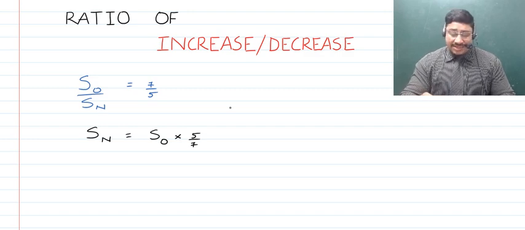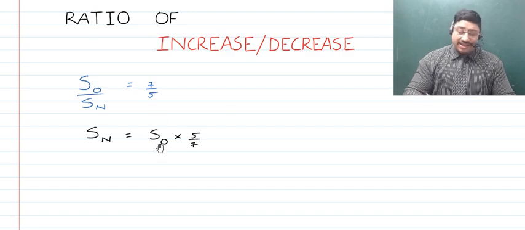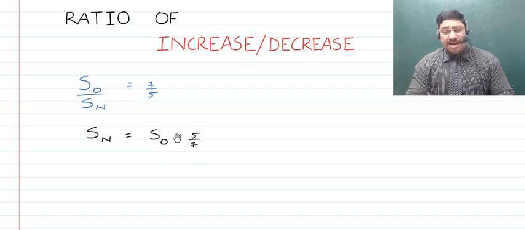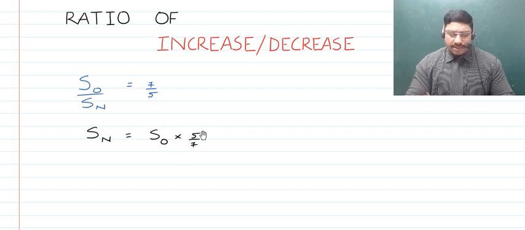As you can see, the old salary is multiplied by a proper fraction, so the new value is going to be lesser than the old salary. If the old salary is 70,000, multiplied by 5/7 it becomes 50,000, which is lesser than the earlier salary.